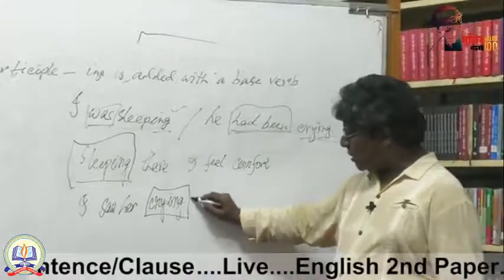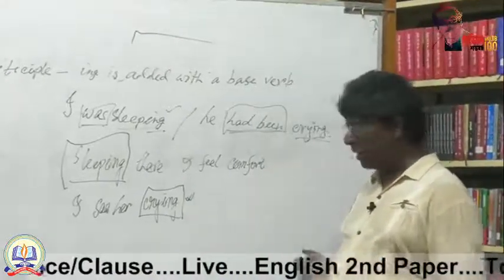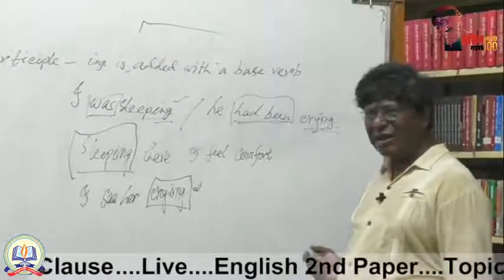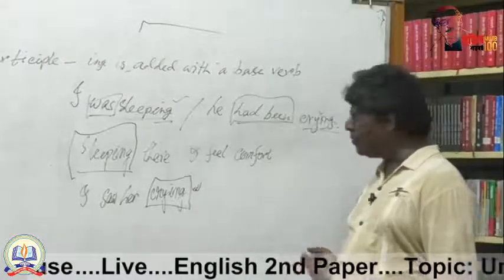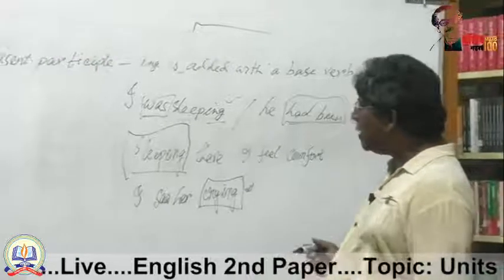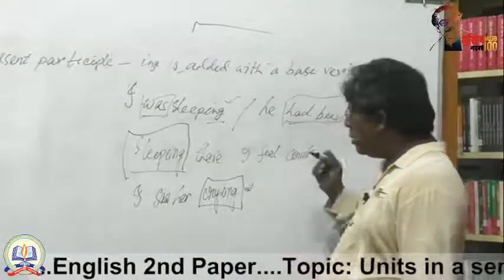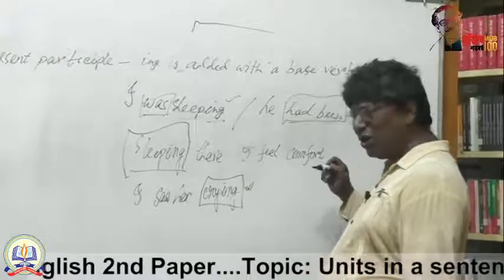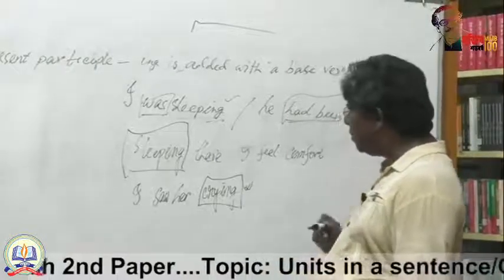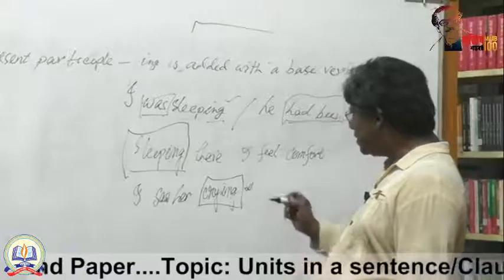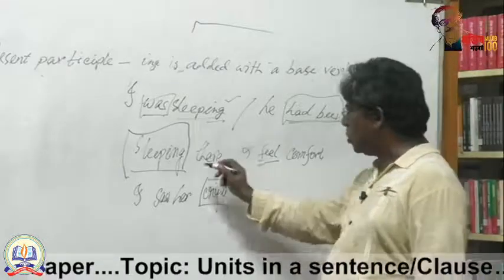Such use of verbs with an additional ing determines another verb than the finite verb, which takes place before the activity of the finite verb in the sentence. Sleeping there, I feel comfort.